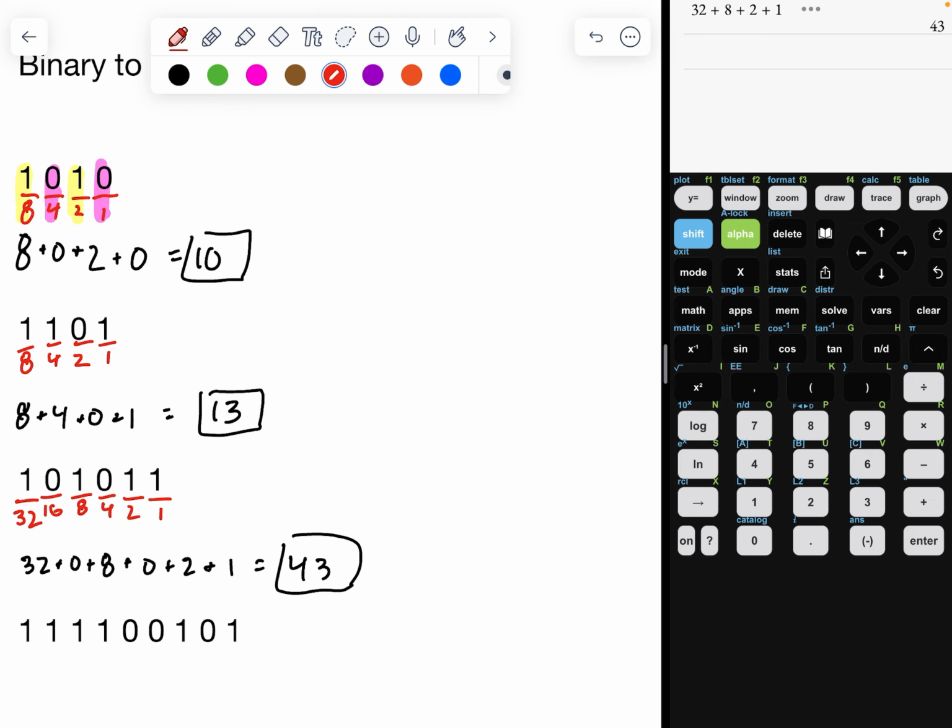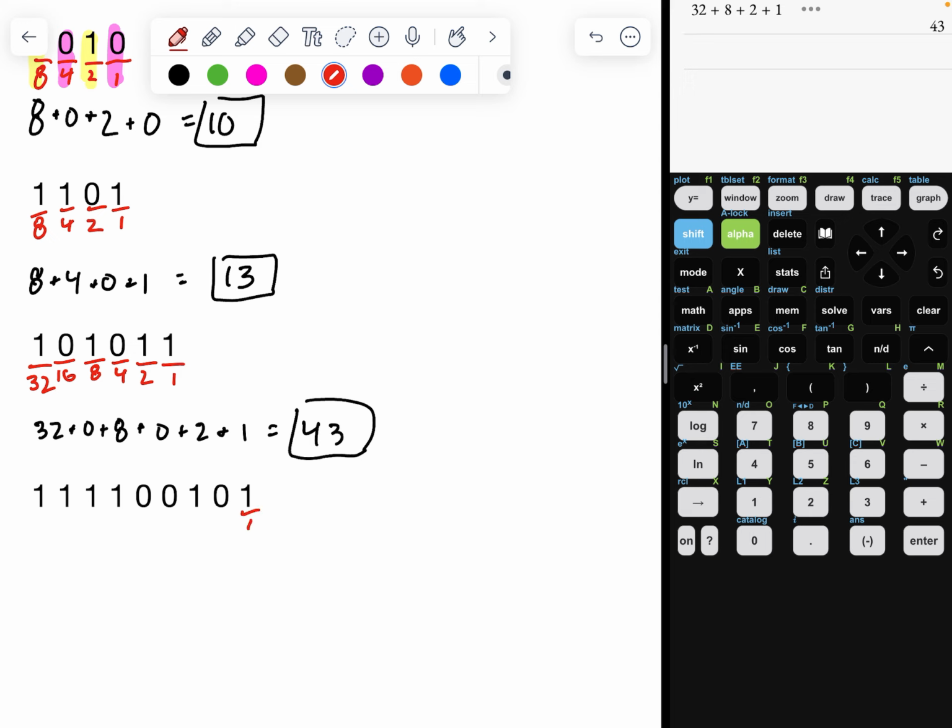And for this next one, I might need a calculator because it's a little bit longer. So 1, 2, 4, 8, 16, 32, 64, 128, and we're out of room, 256. And to put those together, that's 256 plus 128 plus 64 plus 32. Skip the next couple, plus 4 plus 1.